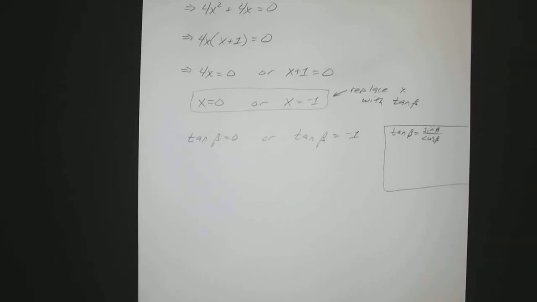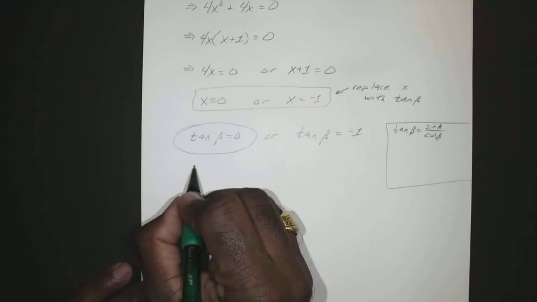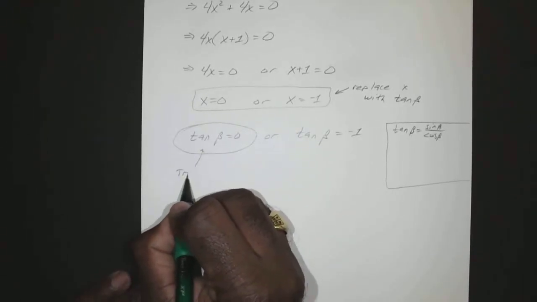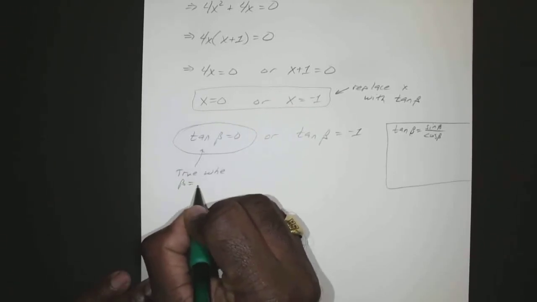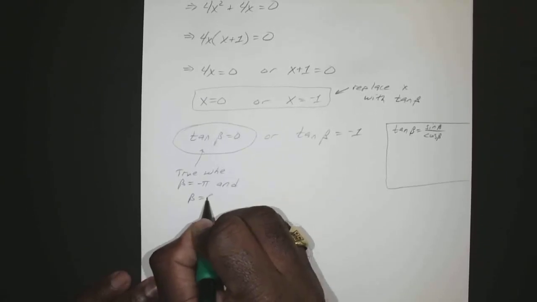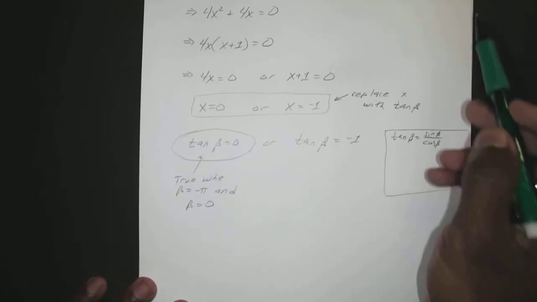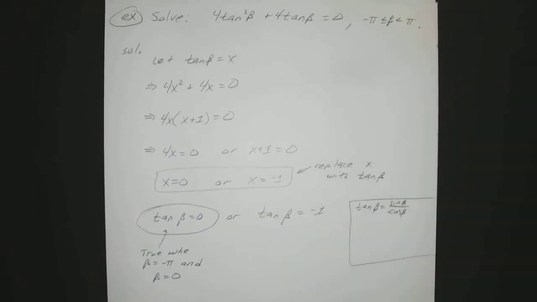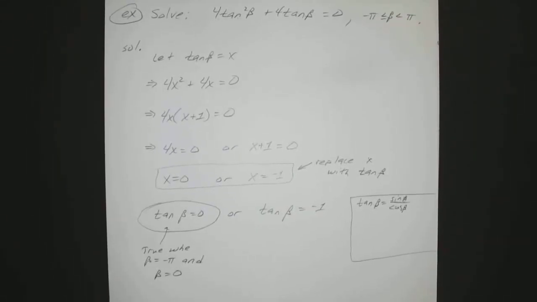So the only ones that fall in that range are negative pi and 0. Okay, so this one is true when beta equals negative pi and beta equals 0, because that will make our numerator 0 here. The only reason we couldn't use positive pi is because you have a less than and not a less than or equal to. So just having that less than means we can't use pi.